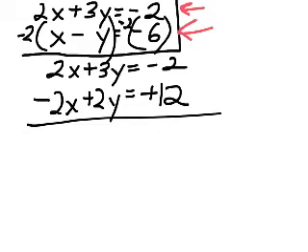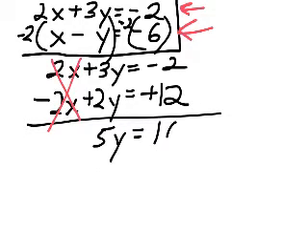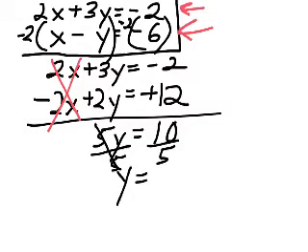Okay, add these two together. You can see that my x terms cancel out, which is what I want. We're always trying to just get one variable, because you can solve for one variable. Here we have 5y, and that equals 10. Divide both sides by 5. 5's cancel, and we get y equals 2.